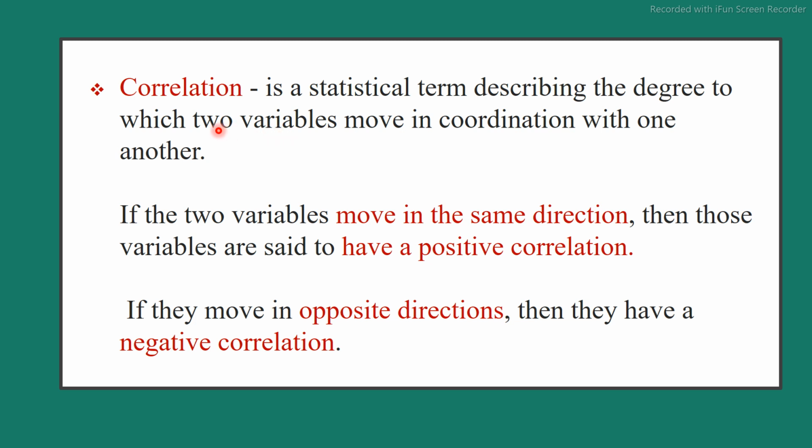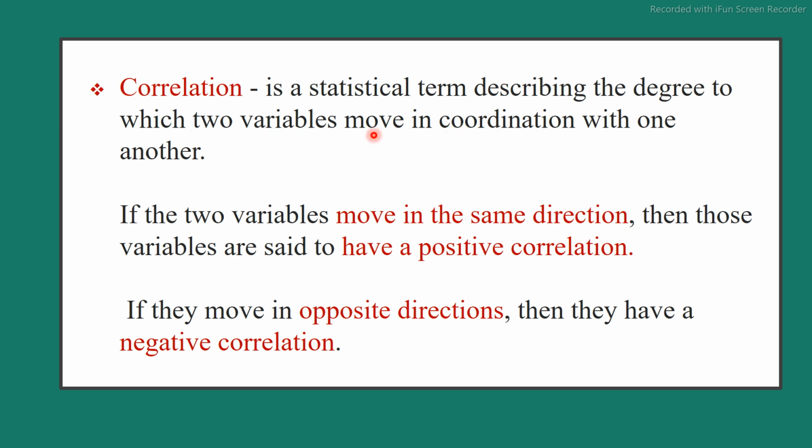So an increase in one variable may possibly decrease the other variable. Correlation means the degree to which two variables move in coordination with one another. They coordinate.